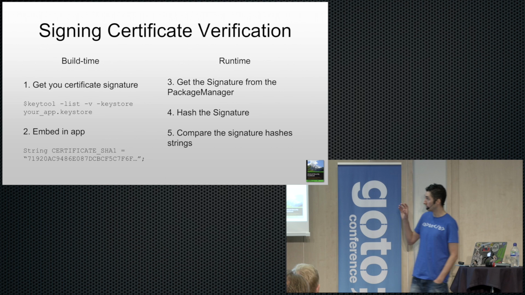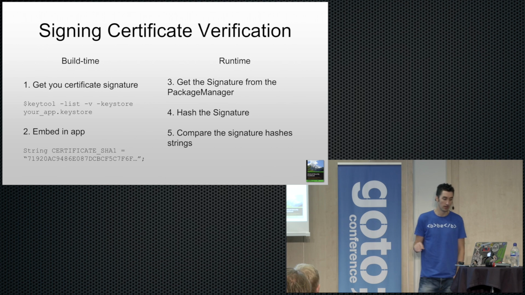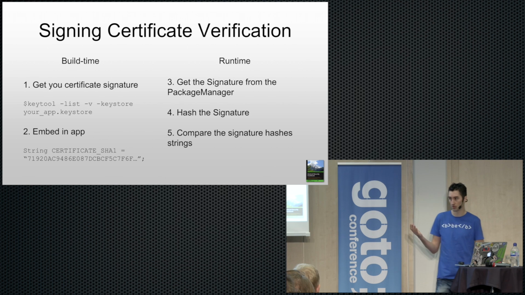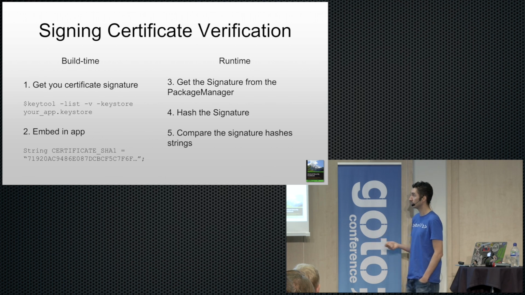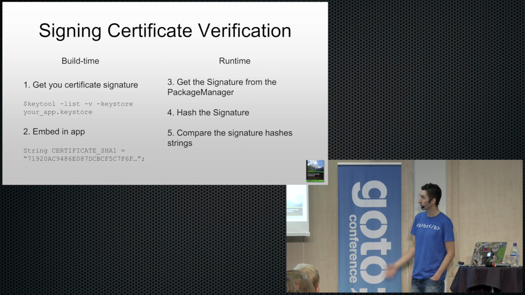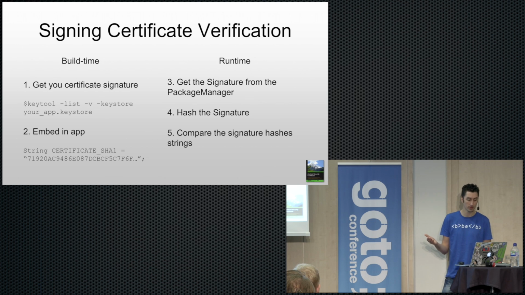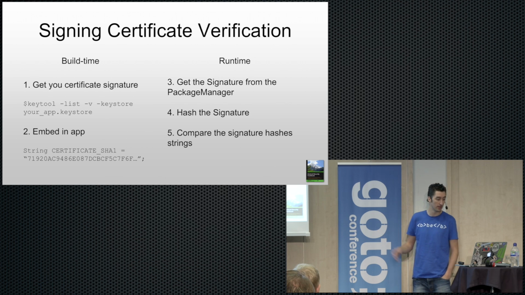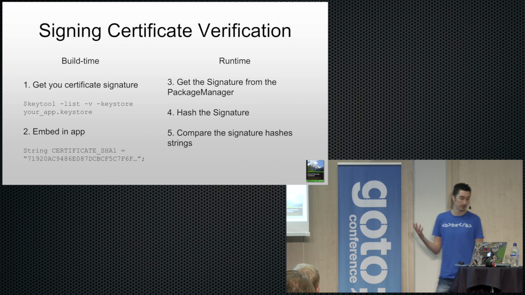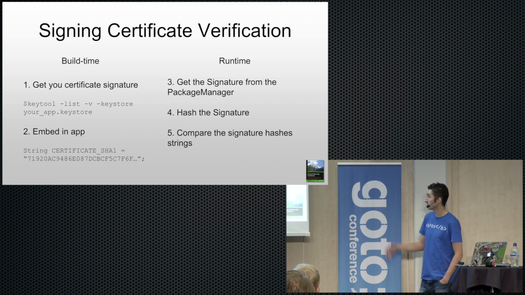And this is just really quickly how you do it. You would use keytool, which is just a Java tool, to list out your keystore's key, the signature. Then you just embed it in the app, and then at runtime, you'd again ask your friend, the package manager, for your signature.